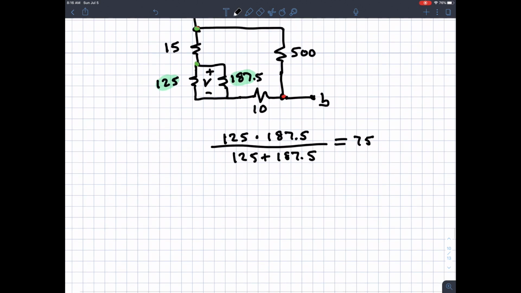At this point I can replace the circuit again. I still have the 15. I now can replace that parallel combination with 75. So 15, 75, 10.